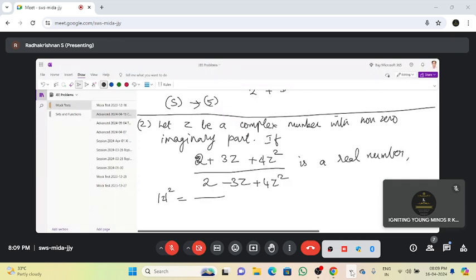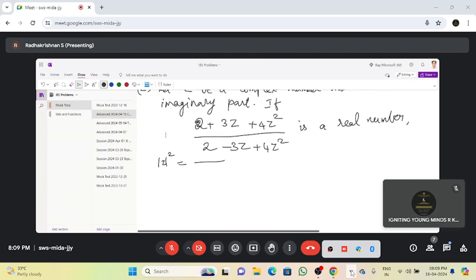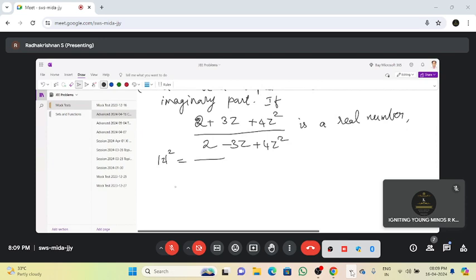Because you are not getting any idea, I will tell you, so that you can use these ideas in real examples. The numerator you can write as 2 minus 3z plus 4z² plus 6z, right? So 3z I am writing as minus 3z plus 6z. What I have done is matched the denominator.